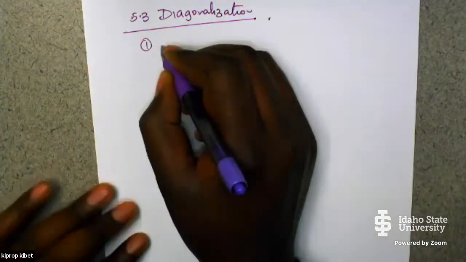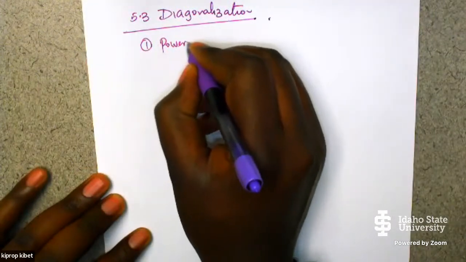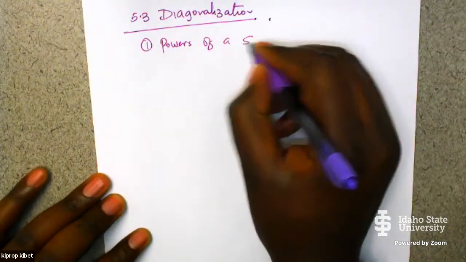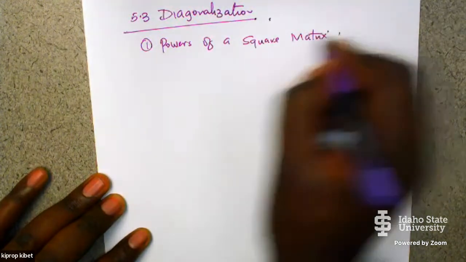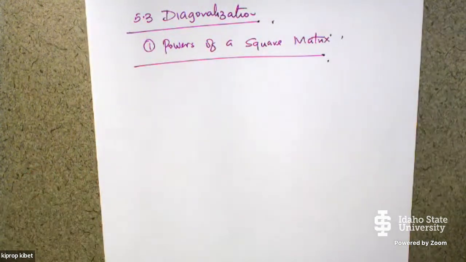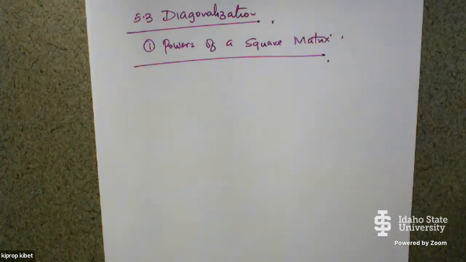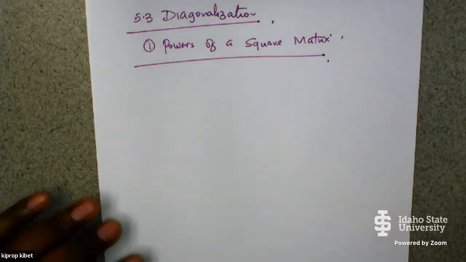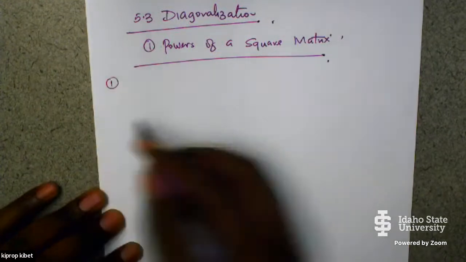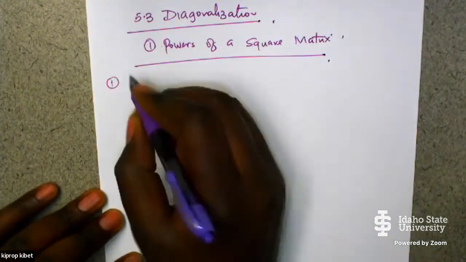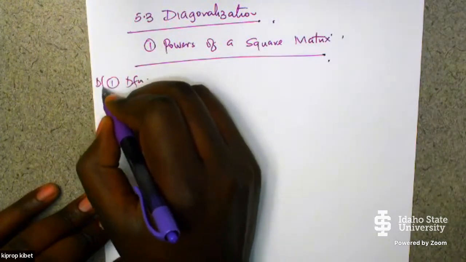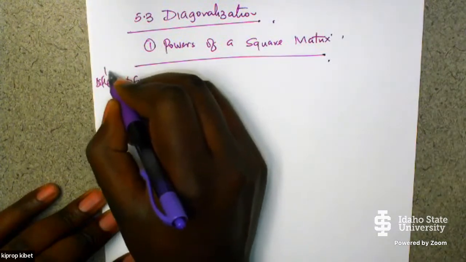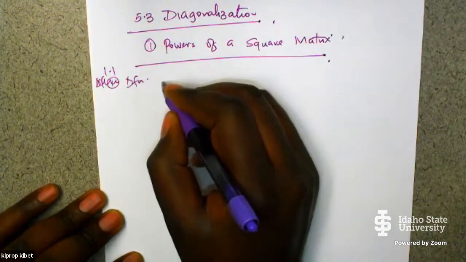Number one, powers of a square matrix. So let's look at the definition. What is a diagonal matrix? Definition 1.1.